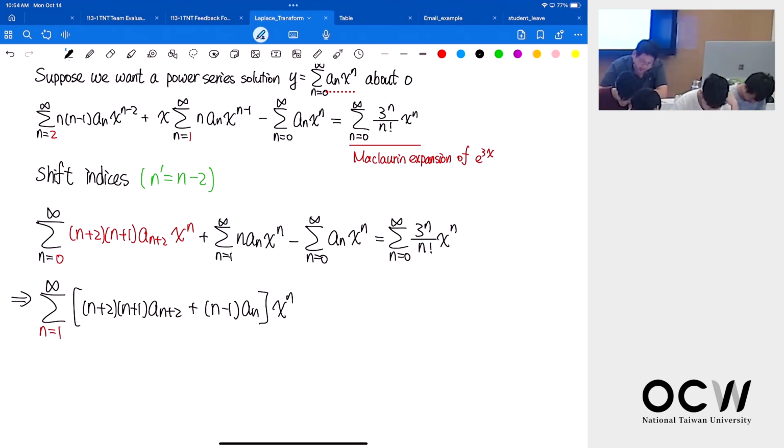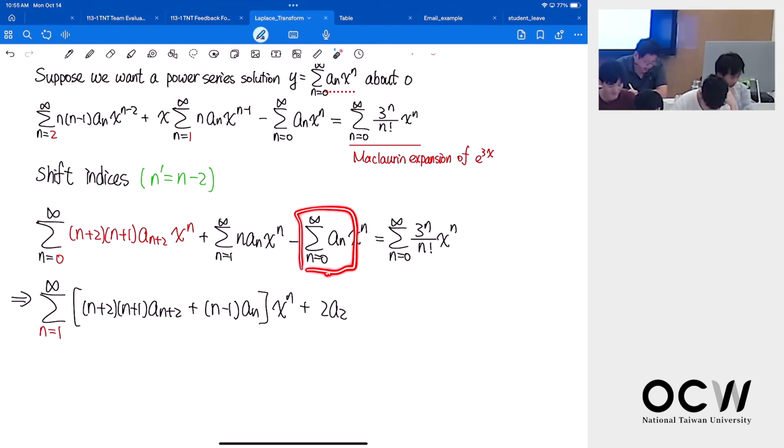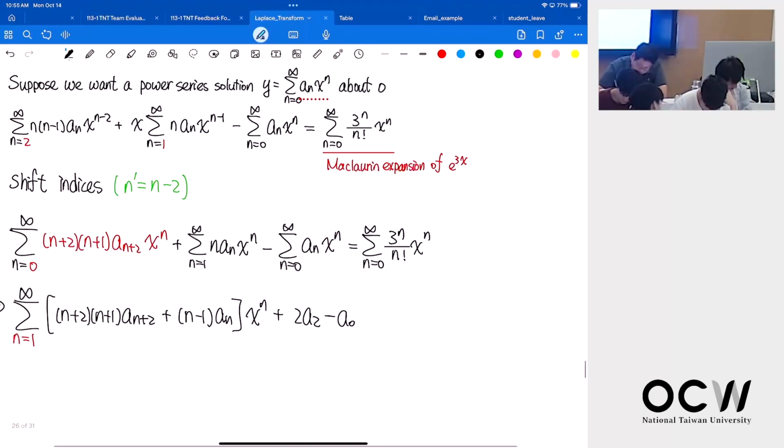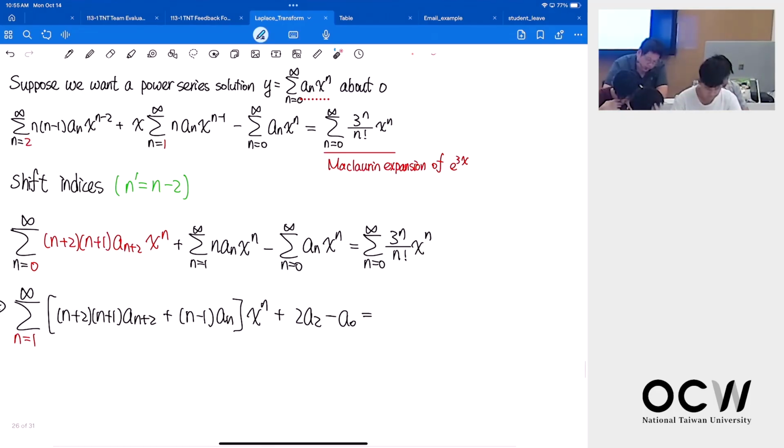And then remember that since I have the summation from 1 to infinity, I have some additional terms. When n equals 0, here I have 2a2. When n equals 0, I have a naught, so minus a naught. Since I'm going to compare the coefficients, on the right hand side I also need the summation from 1 to infinity.